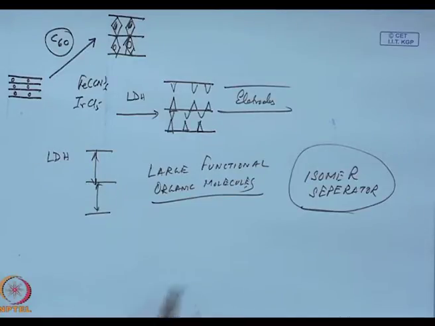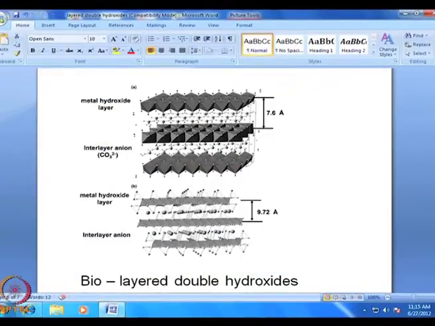These layered double hydroxides can be, I only hope you are not confusing with layered silicates. Here I have started off with the brucite layer, I have added the anions of appropriate size, so that I have got brucite layer build up one over the other at controlled distances depending on the size of the organic molecules or the inorganic anions that I am bringing in.